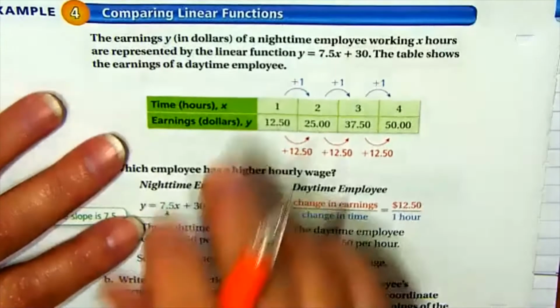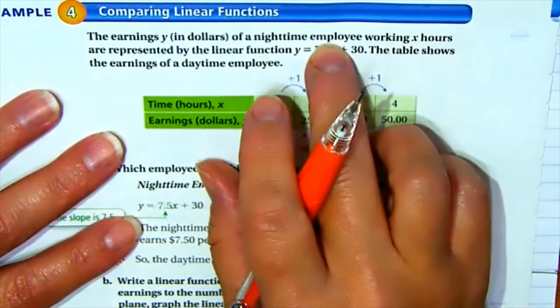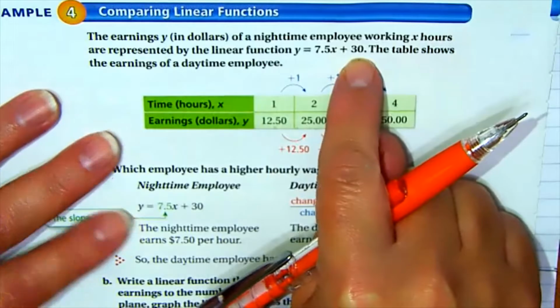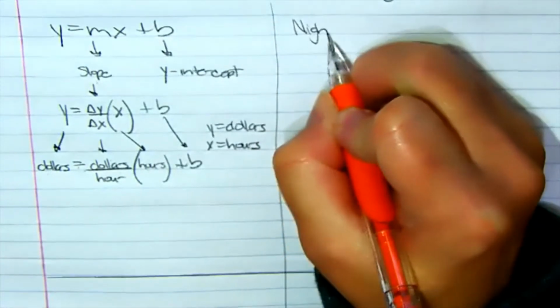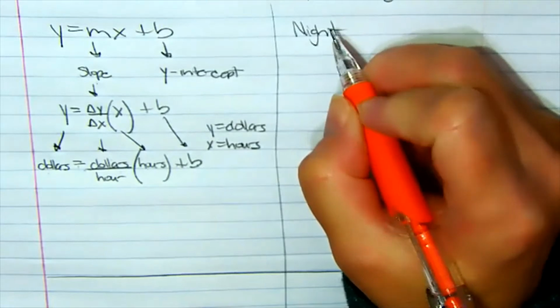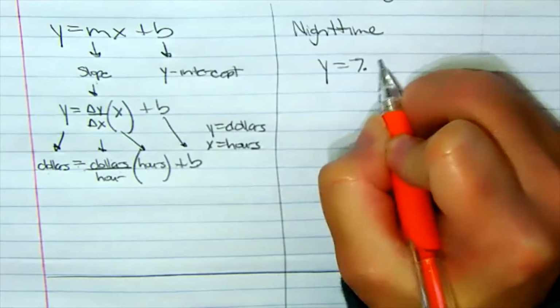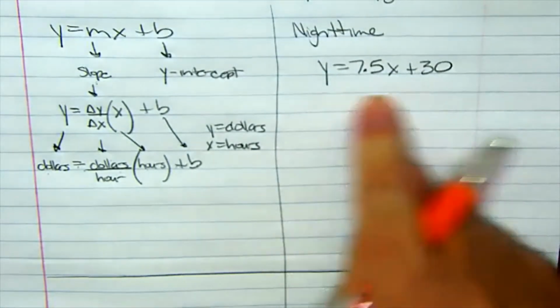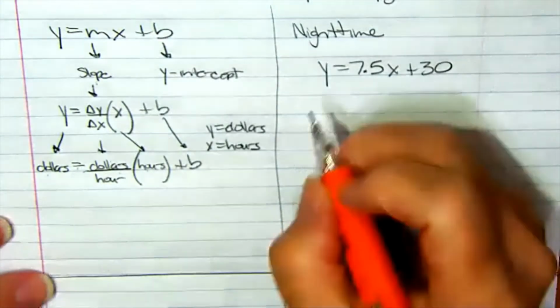So here, we're talking about nighttime employees. This is the linear function that represents nighttime employees. So nighttime is y equals 7.5x plus 30. Let's break this down. What does this equation mean?